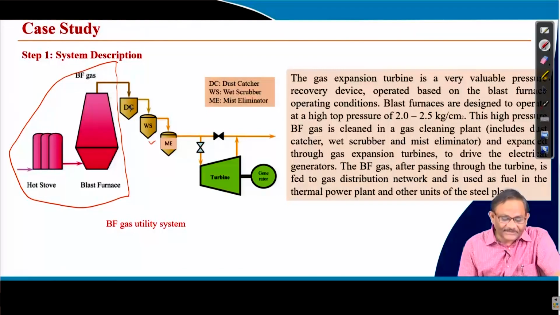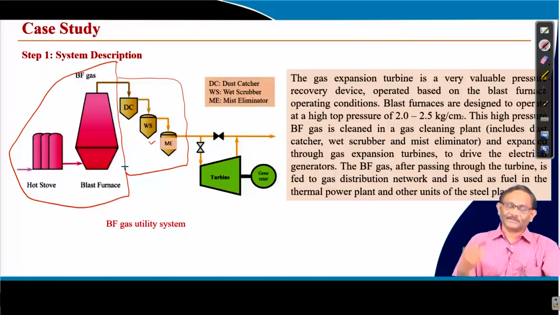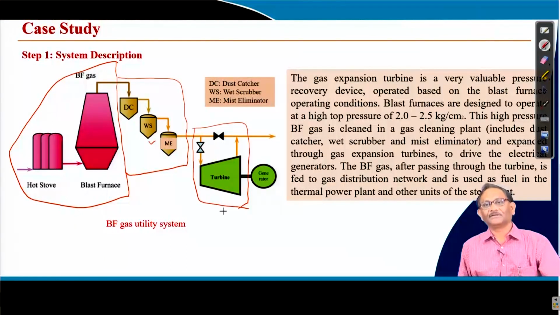The gas goes through a dust catcher, then there is a wet scrubber, mist eliminator. So I can say this is basically the gas holding and cleaning system. And then the BF gas goes through a turbine. This is the gas expansion turbine.